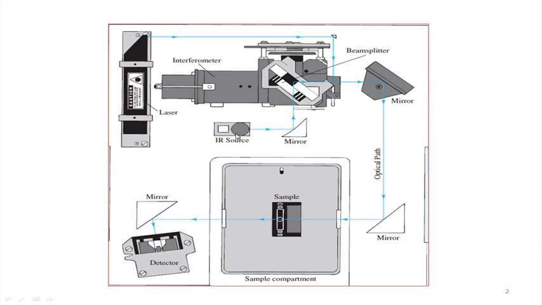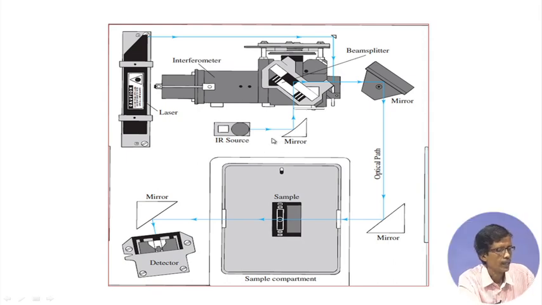This IR source is passing the IR radiation to that mirror. The mirror is projecting that radiation to this beam splitter, and this beam splitter is very important because it gives the corresponding attenuation with regard to another laser source for this IR radiation, and that is going like this. This is coming from here with another triangular mirror, and then it is guided through this and again to this, that means you have the corresponding beam splitter.